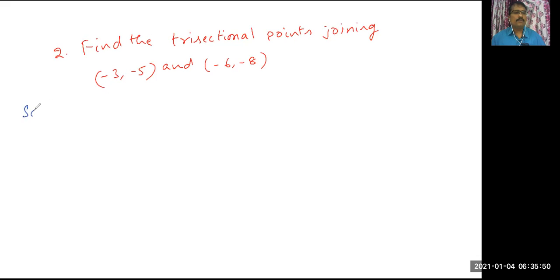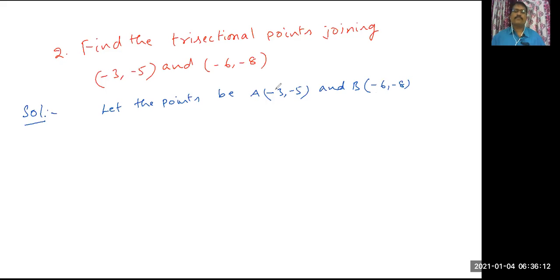So now I am going to write the solution. Let the points be A -3 comma -5 and B -6 comma -8. Okay. So here I am going to draw the line as usual.